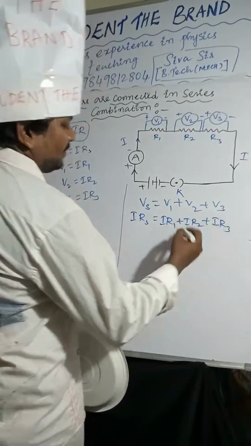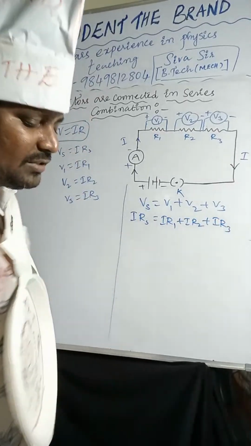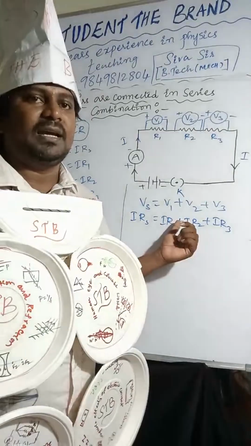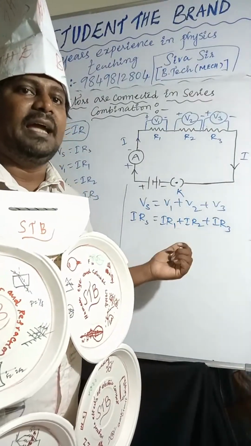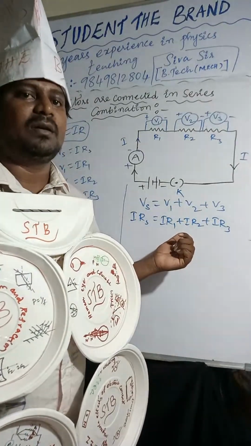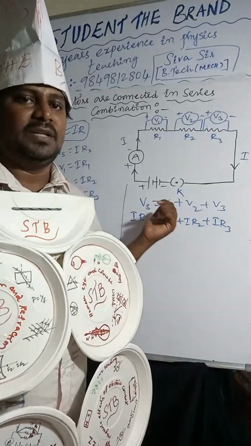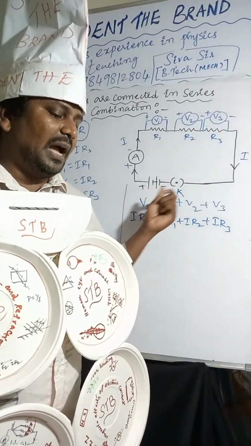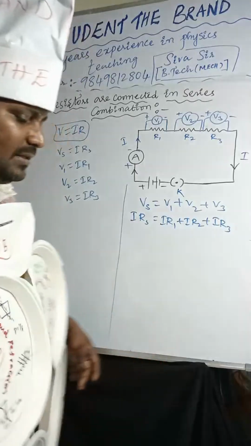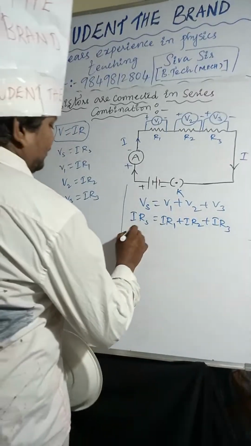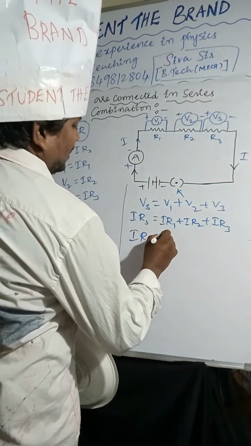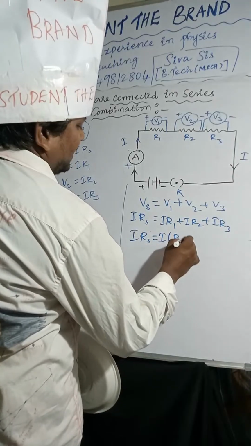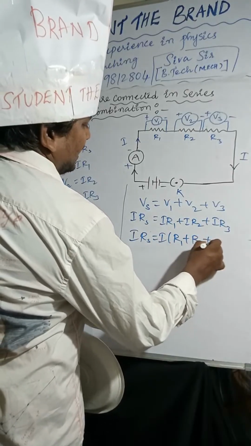So we can take I common. If you take I common, I gets cancelled. So IRs equals I times R1 plus R2 plus R3.